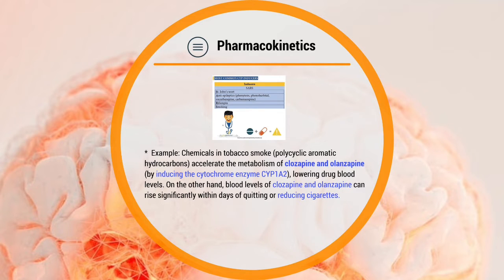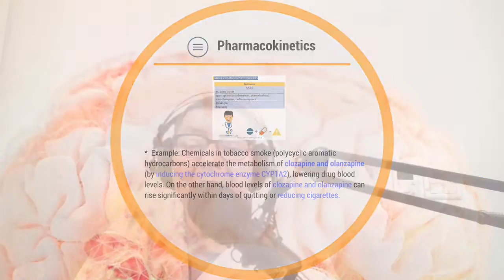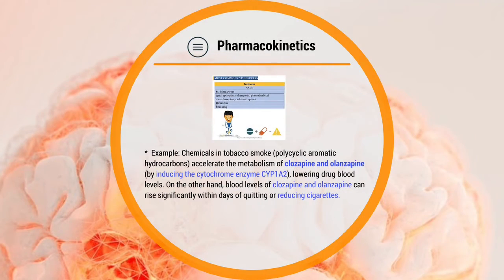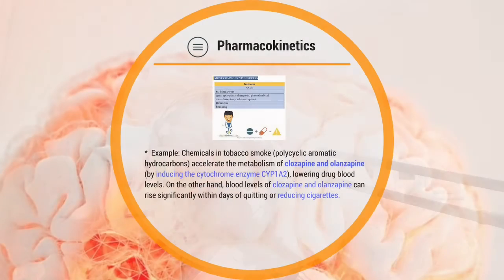This is important. Know that cigarette smoking can be an inducer of clozapine and olanzapine. And the CYP involved is 1A2.